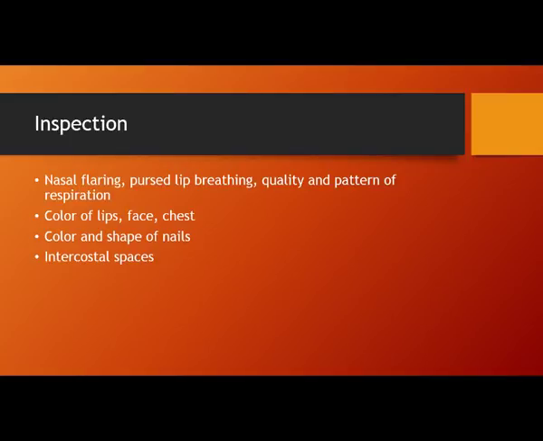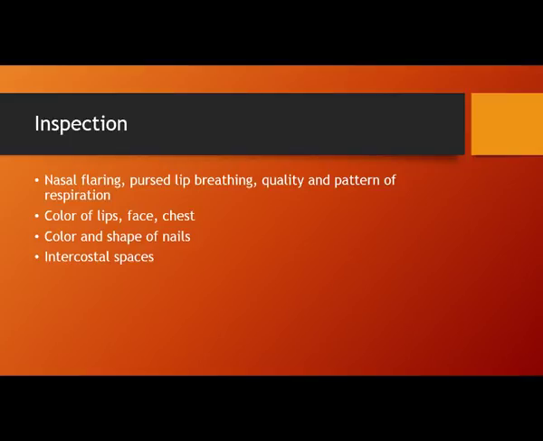Then you'd also note the color of the lips, face, and chest, and it could be maybe pale or maybe cyanotic, or if there's any ashen gray or whatever. What do they look like? And then color and shape of nails, the famous clubbed nails, which are caused by prolonged periods of hypoxia.